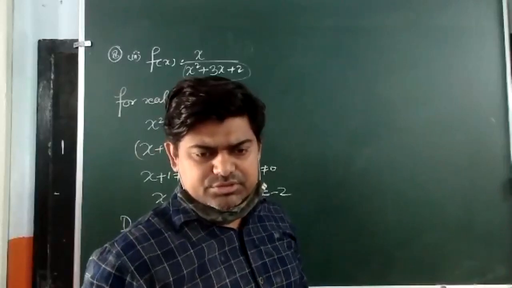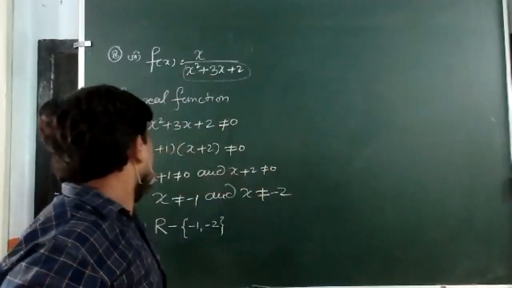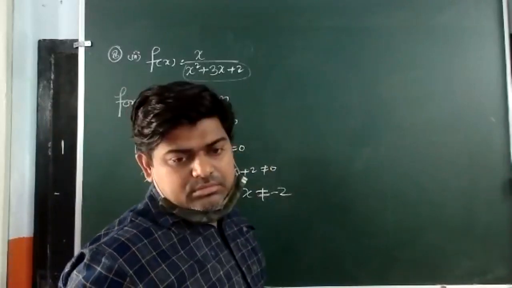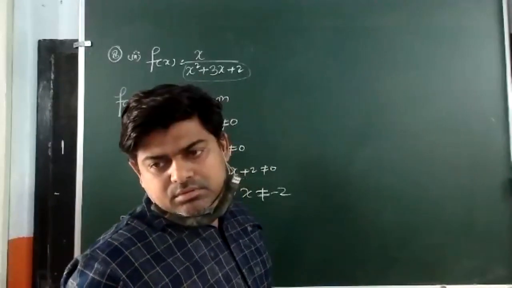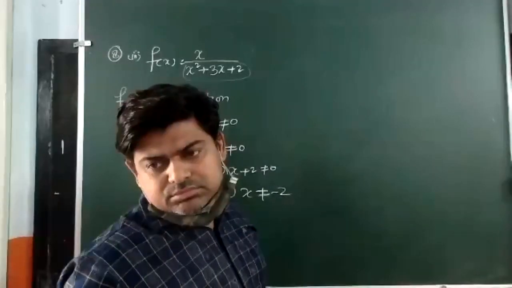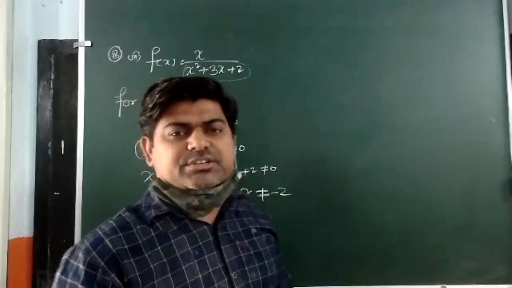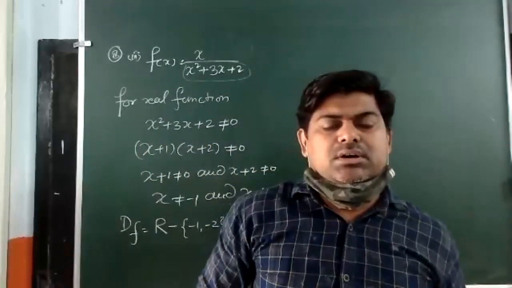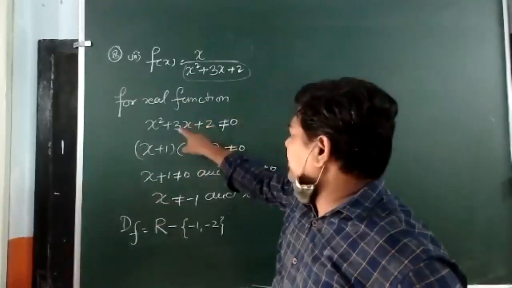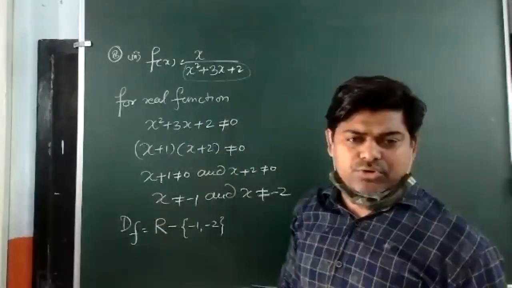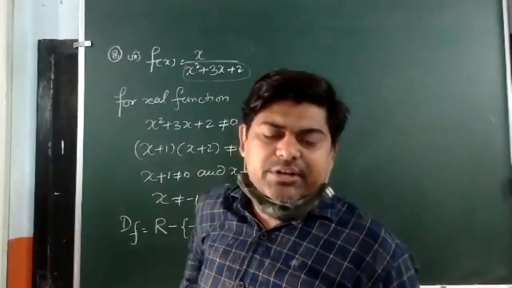Wait one minute. One student asked one thing: sir, in place of what you wrote here, x square plus 3x plus 2 is not equal to 0, can we write it's greater than 0?